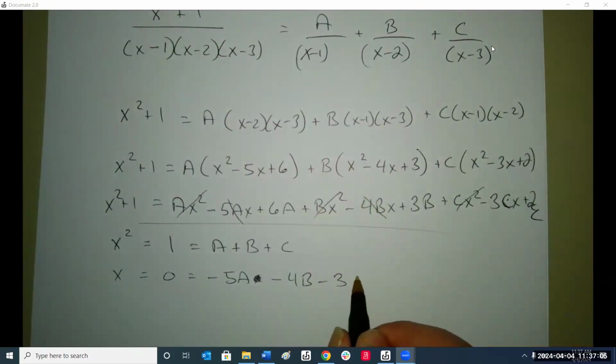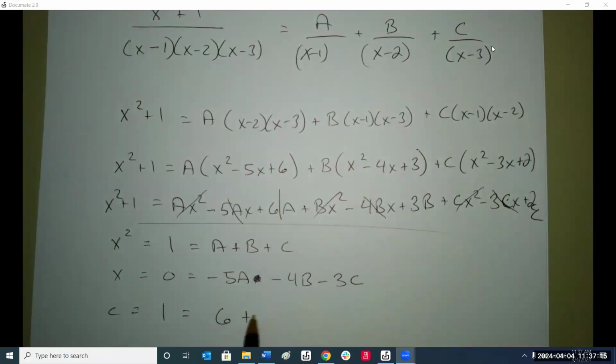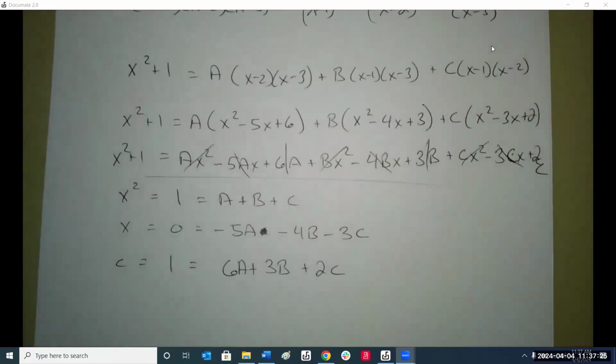The constant is 1, so it's 6a, 3b, plus 2c.